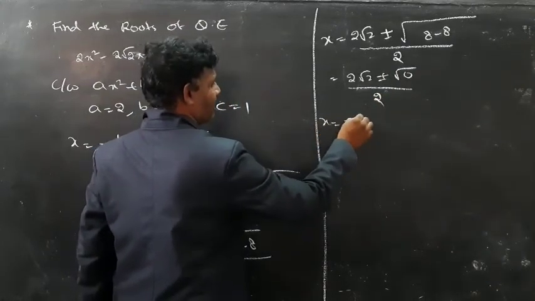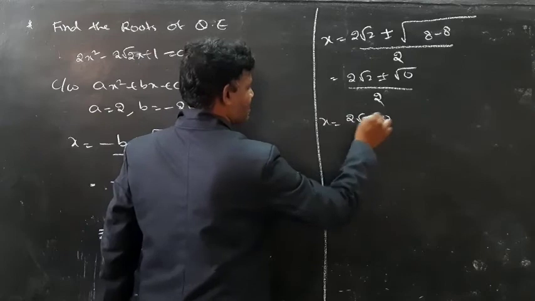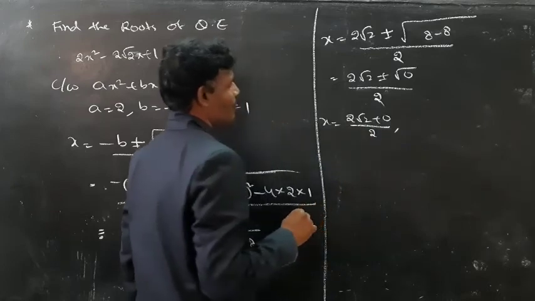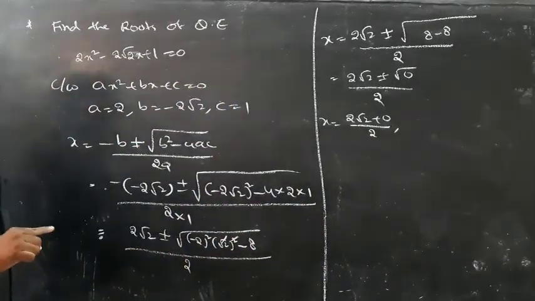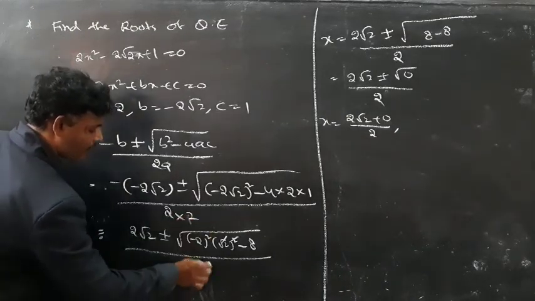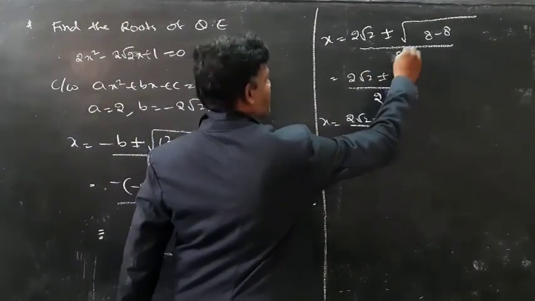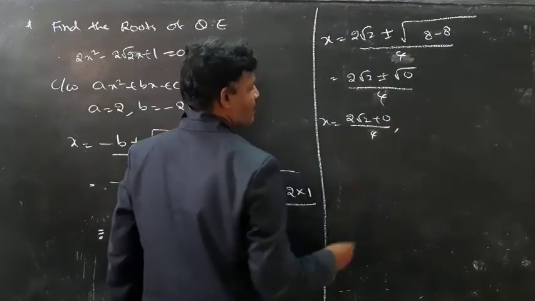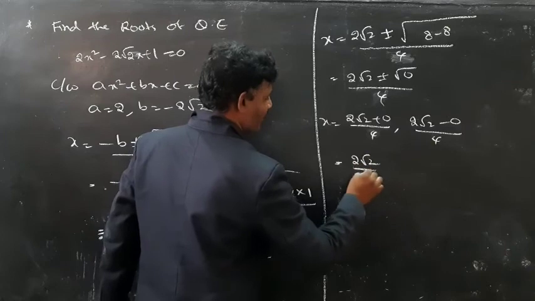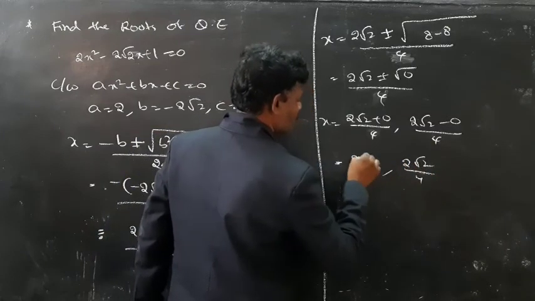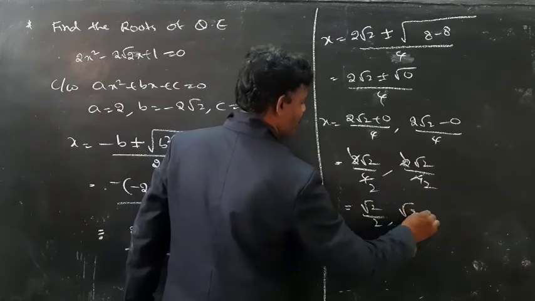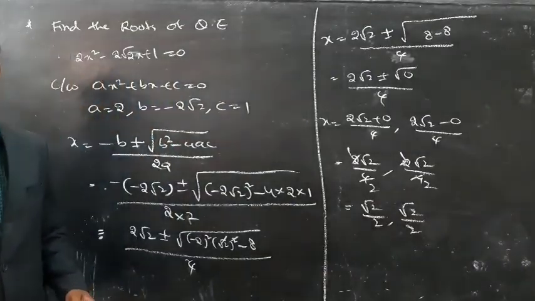So finally x is equal to 2 root 2 plus 0 by 4 comma 2 root 2 minus 0 by 4. So finally 2 root 2 by 4, comma 2 root 2 by 4. So the roots of the given quadratic equation are root 2 by 2 and root 2 by 2.